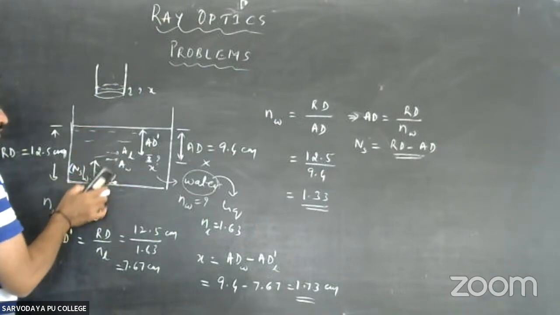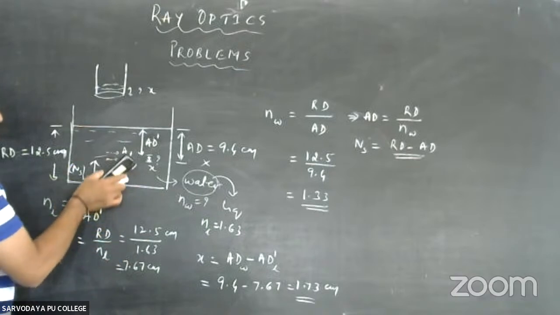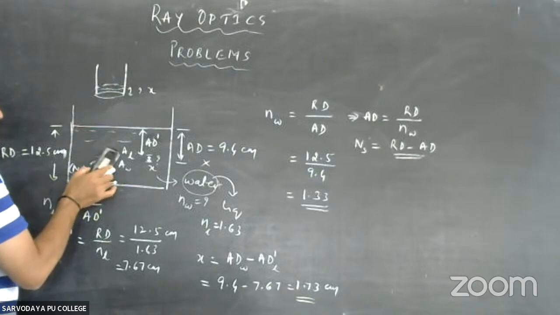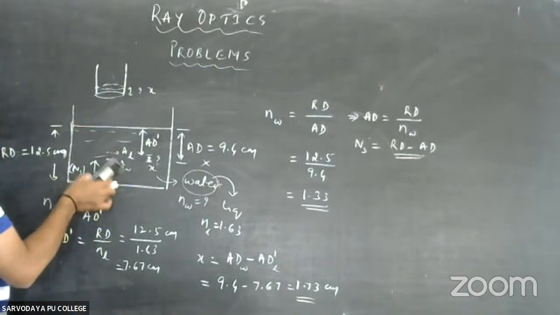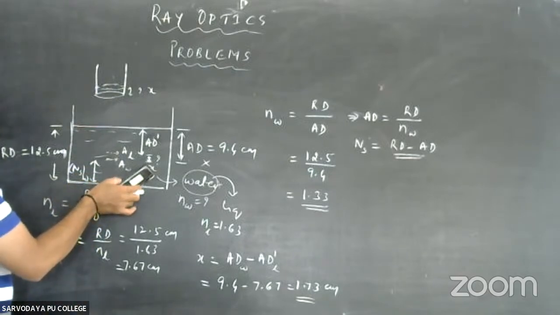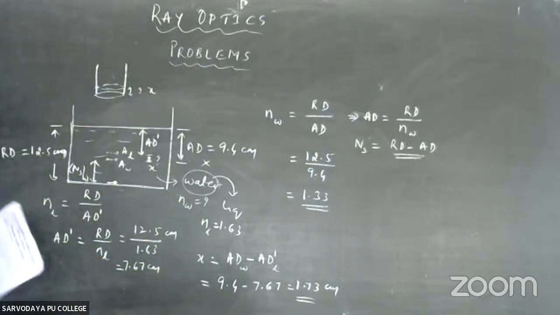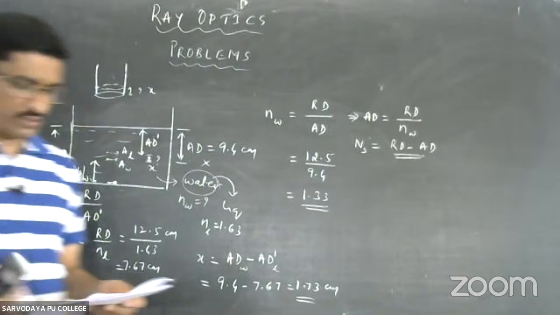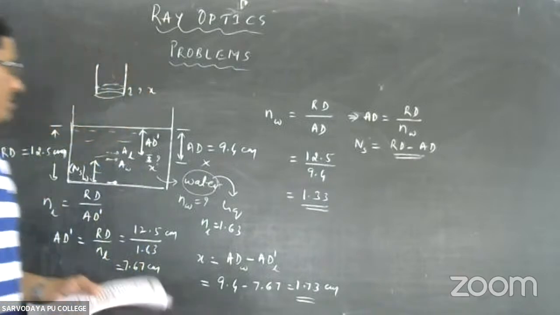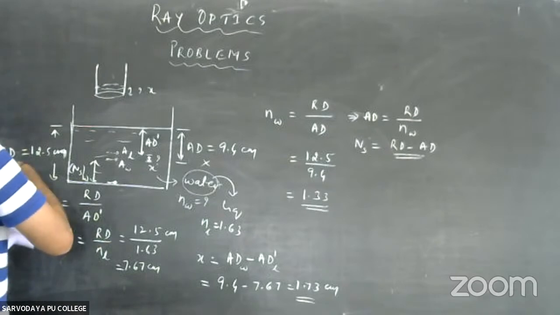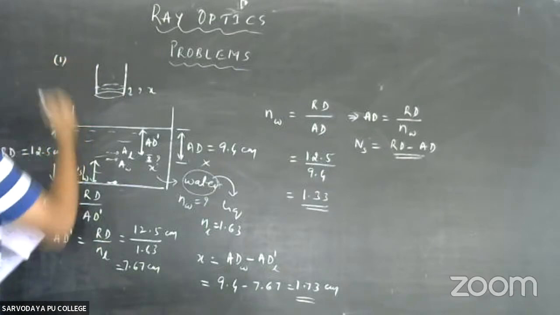That means more shift will be there, and therefore the extra distance to which the microscope has to be pushed up to get the image again is basically x, and we have calculated x. This is the solution of the first one.